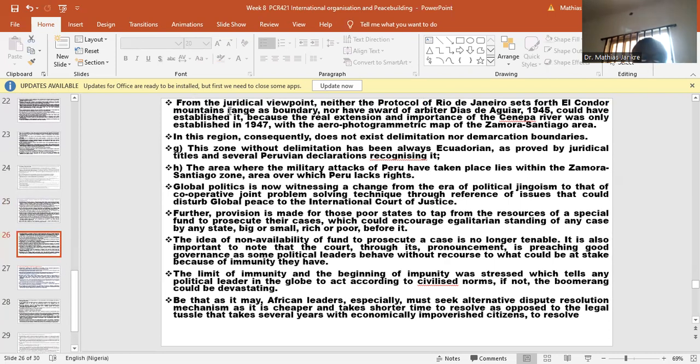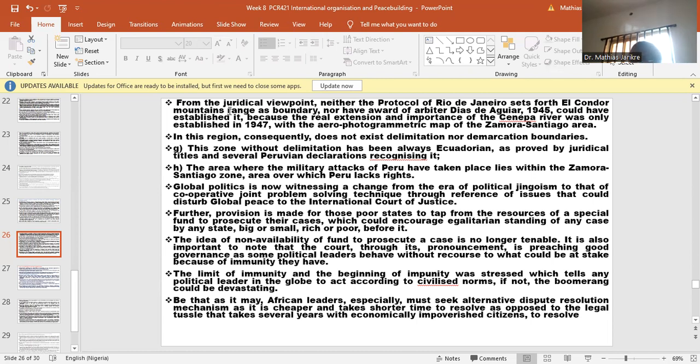From the judicial point of view, neither the Protocol of Rio de Janeiro set forth the El Condor mountain range as boundary, nor could the arbitral award of 1945 have established it, because the real extension and importance of the Cenepa River was only established in 1947 with the aerophotogrammetric map of the Zamora-Santiago area.